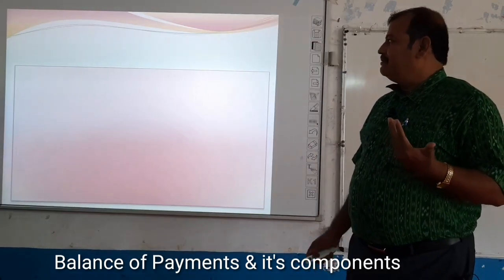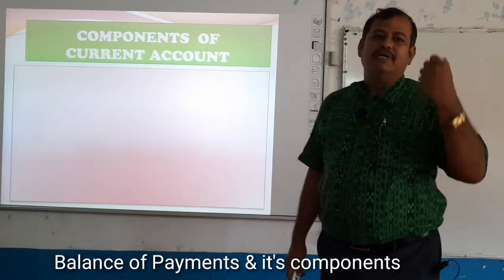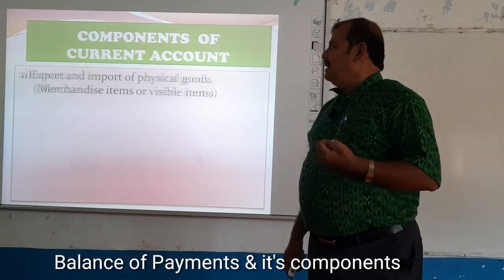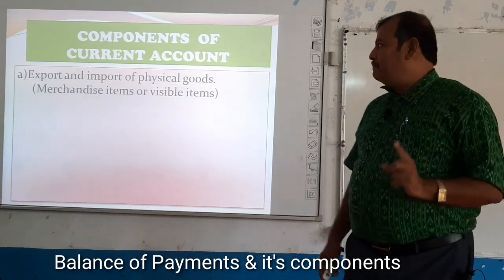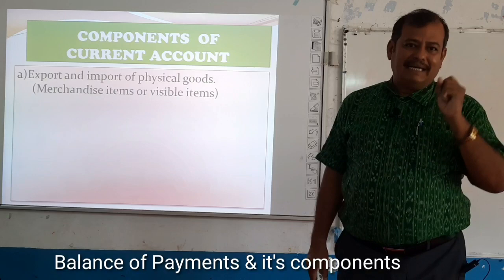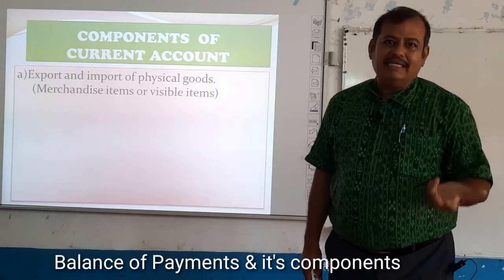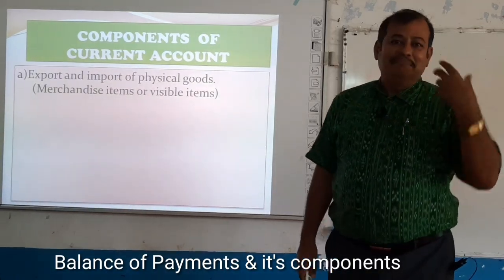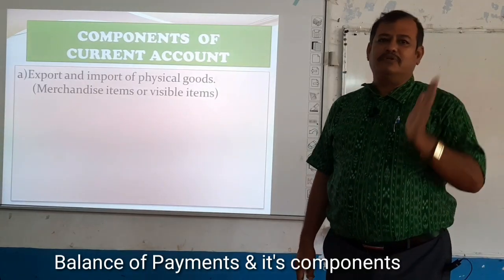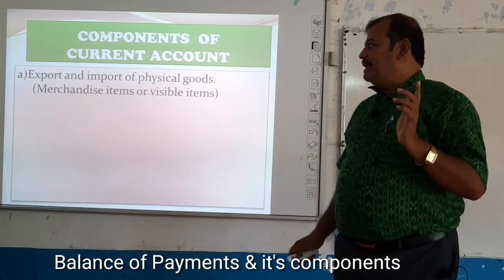The current account includes the export and import of physical goods, otherwise known as merchandise items or visible items. That means export of goods comes under point number 1.